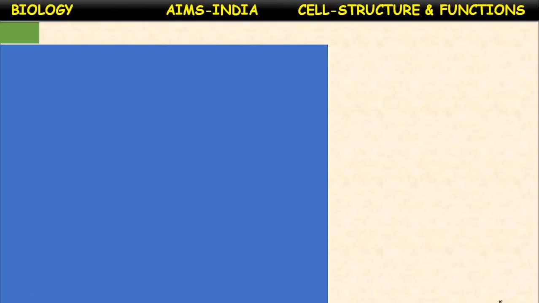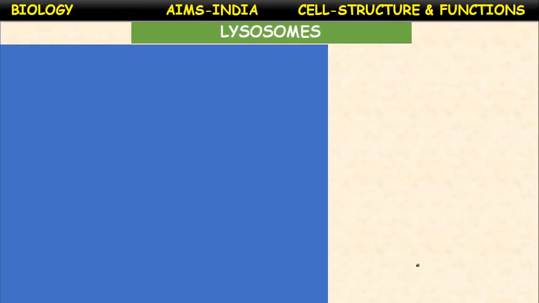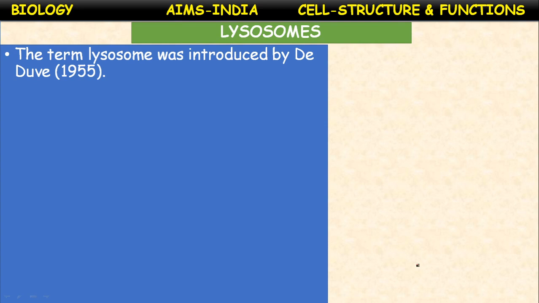Next organelle, lysosomes. Before the scientist D. Dewey in 1955, there was a puzzle: certain enzymes present in the cell had the ability to destroy almost all the structures in the cell.